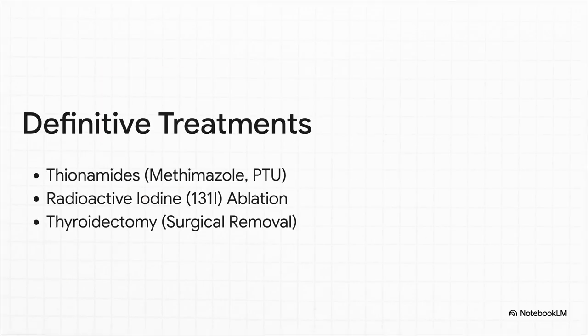Now, for the long-term fix for an overactive thyroid, you've got three main tools in your toolbox. You can use antithyroid drugs called thionamides, like methimazole or PTU. You can use radioactive iodine to kind of quiet down the overactive cells, or you can go for surgery and remove the gland. Which one you choose really depends on the exact diagnosis, the patient's other medical problems, and, of course, a conversation with the patient.